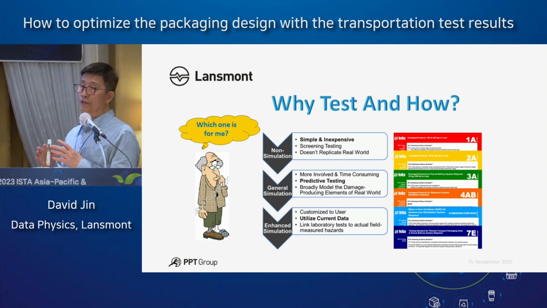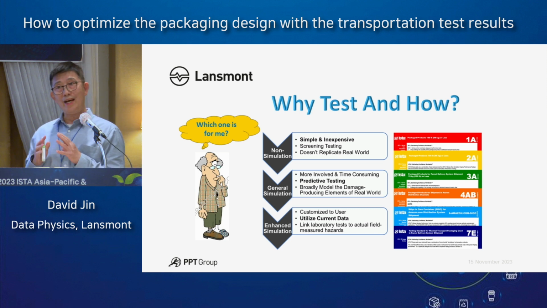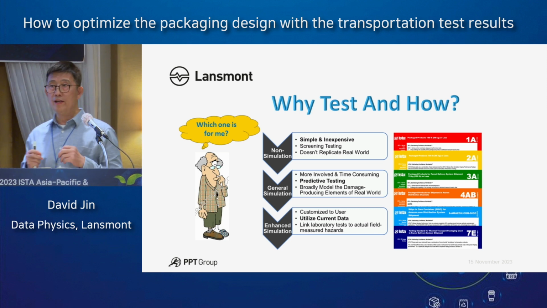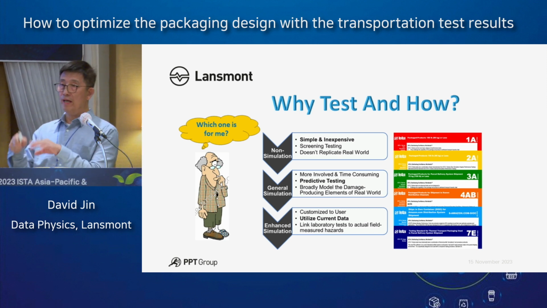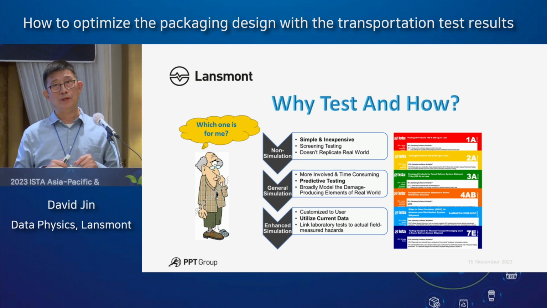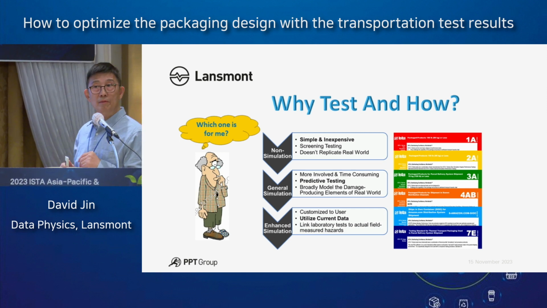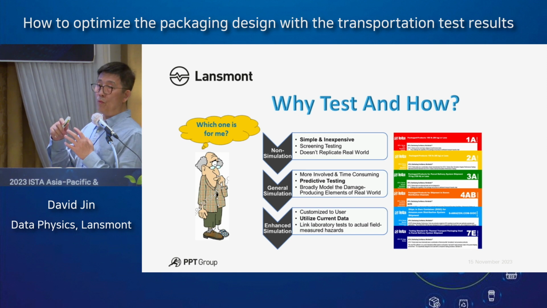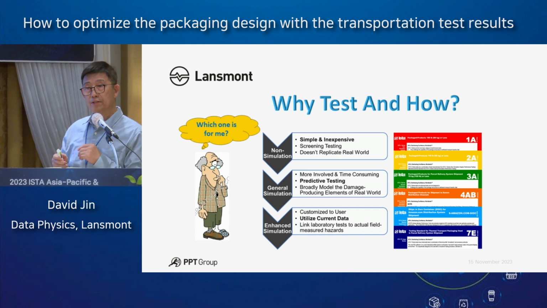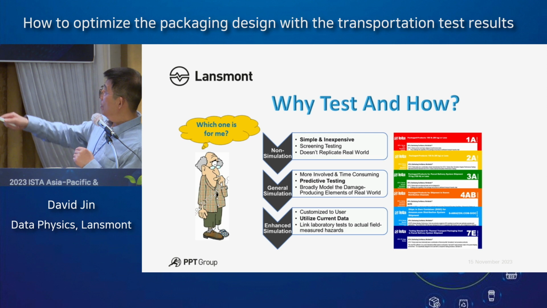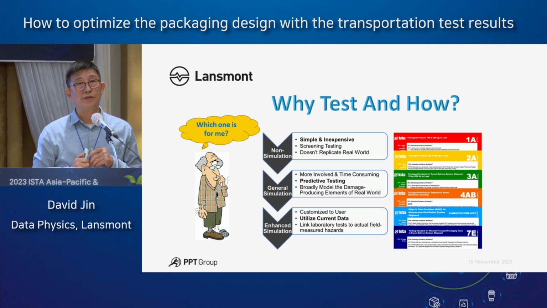For example, a toothbrush: you can drop it however you like and it will not be damaged. But if it is a lamp or a bulb, and you drop it, you can easily damage it. So this kind of testing is not enough, and we go next to general simulation.